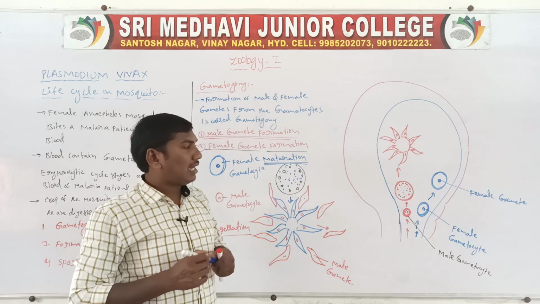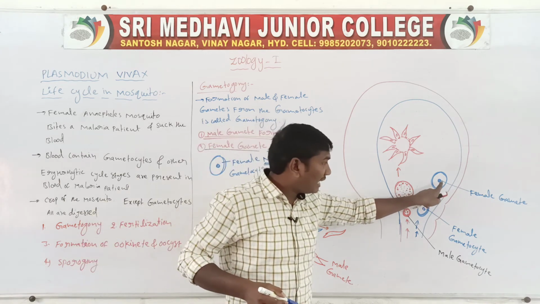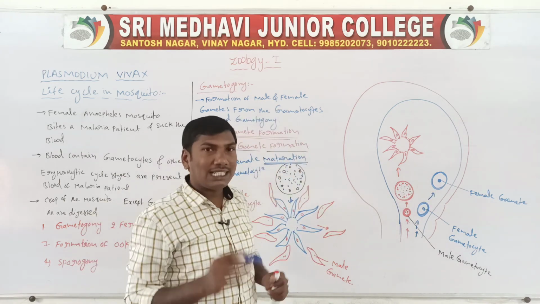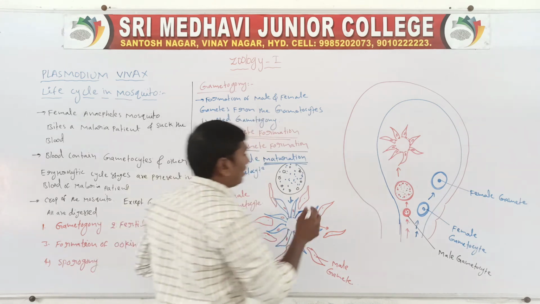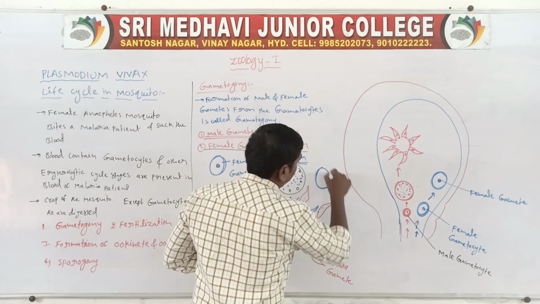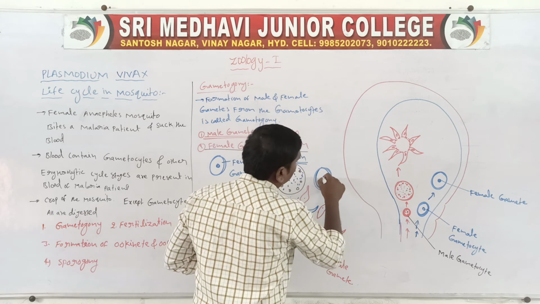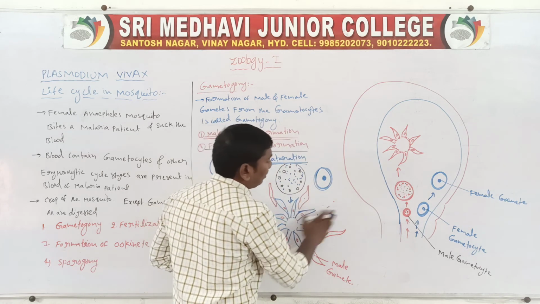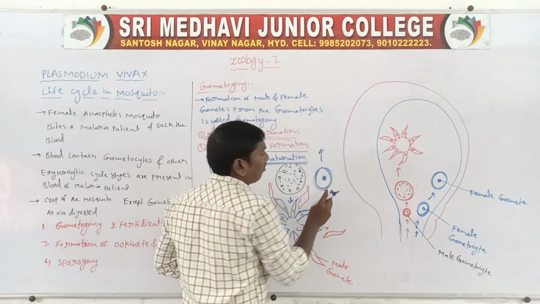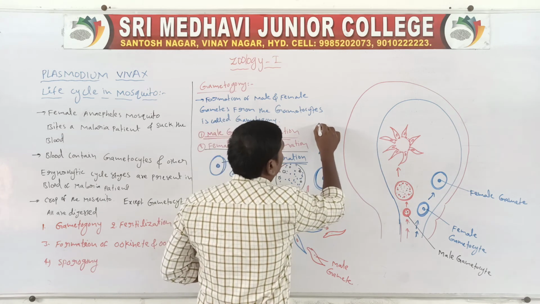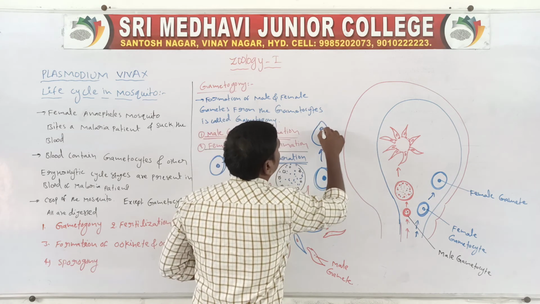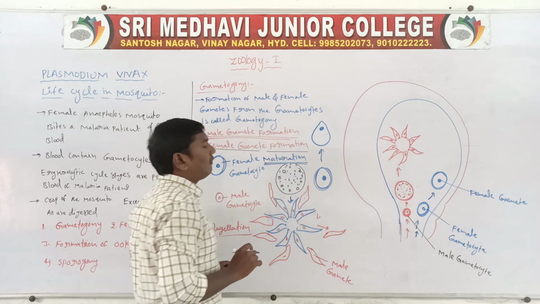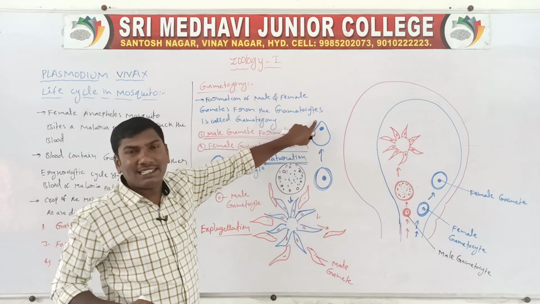Next, the female gamete contains a nucleus. The nucleus moves toward the periphery inside. There they form pseudopodia-like structures.